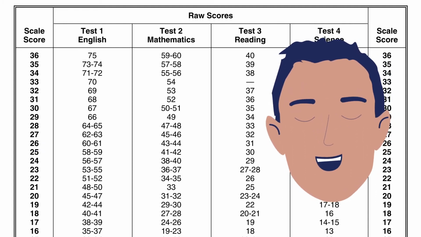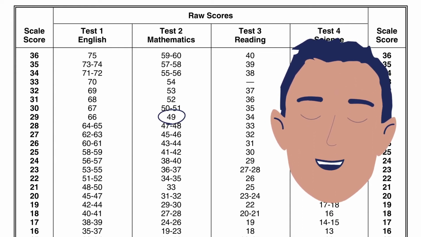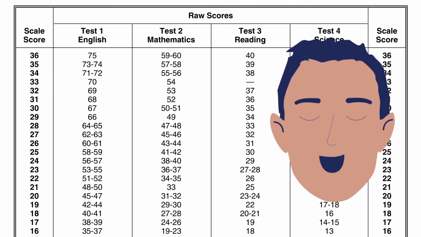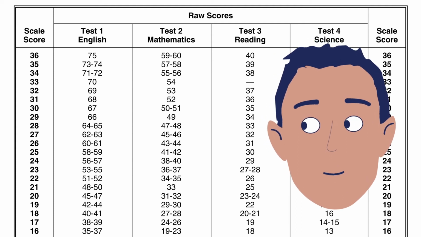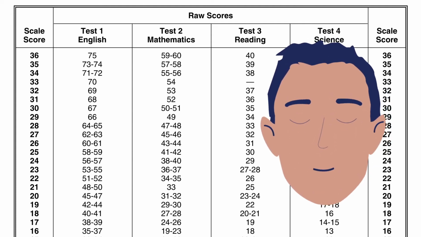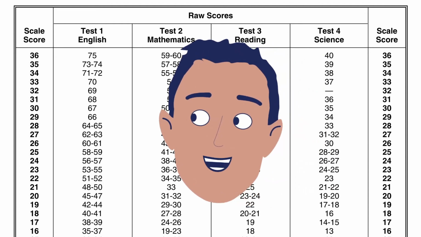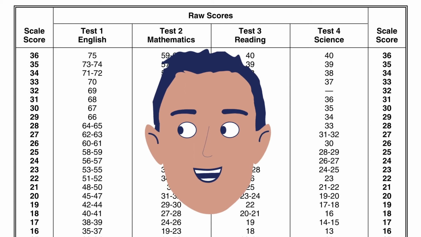Or maybe on math, we got 49 total questions right. That would correspond to getting a 29 on our math section. Or maybe we got a total of 29 questions right on our reading. That would be like getting a 24 on our reading section.